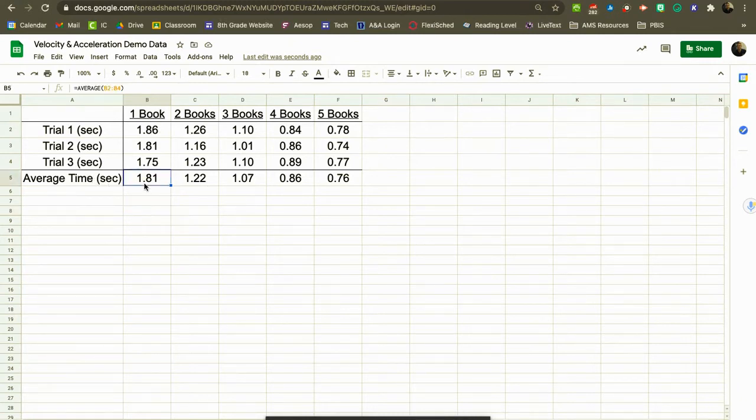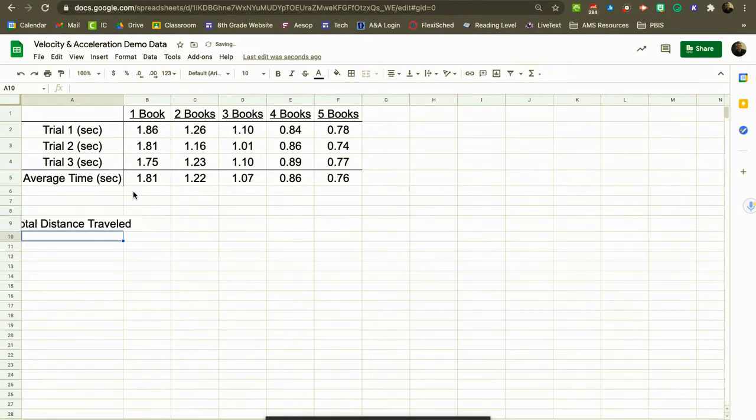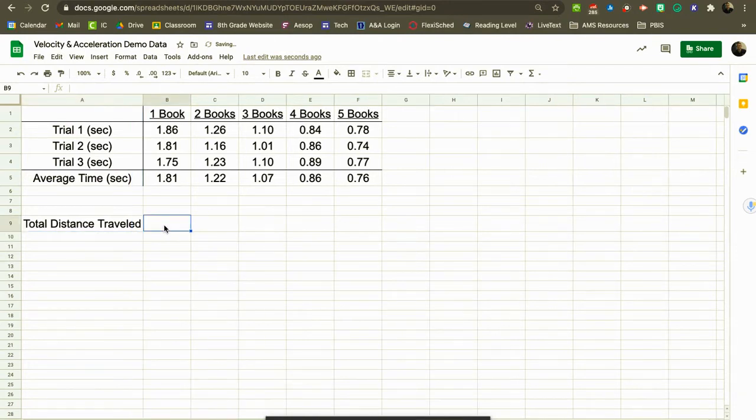And so what I would like you to do next, remember that these marbles have traveled a total distance of 0.8 meters.